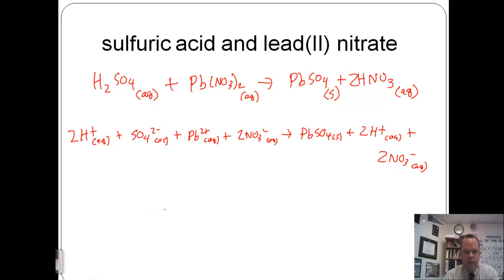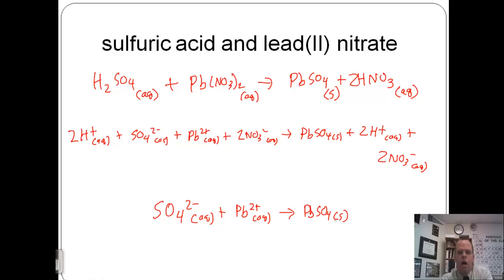That's the complete ionic equation. Now we'll cancel out the spectator ions, leaving us with SO4 2- aqueous, plus Pb2+ aqueous, forms PbSO4 solid.